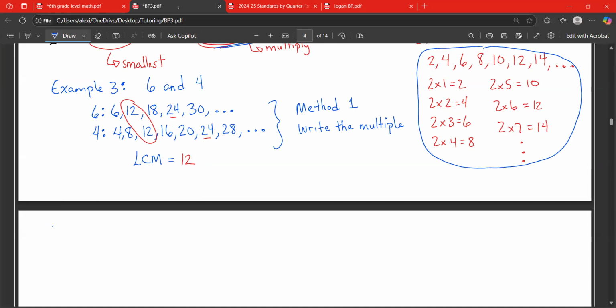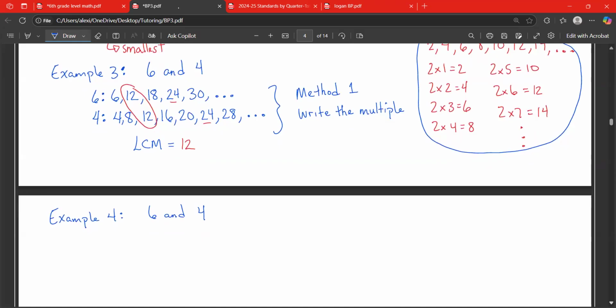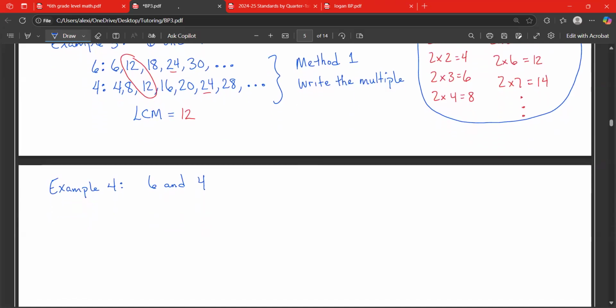All right, so let's continue example 3 and let's try another method. 6 and 4, and I'm looking for the least common multiple. So this time, I'm going to actually start by writing the factors of 6 and the factors of 4. And remember, factors are numbers that will divide into it evenly.